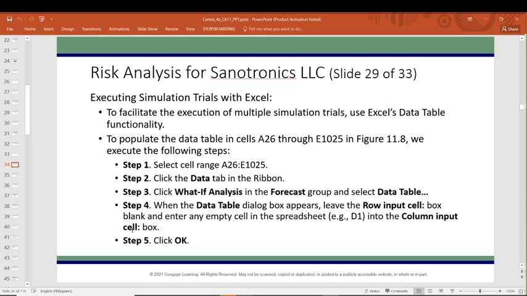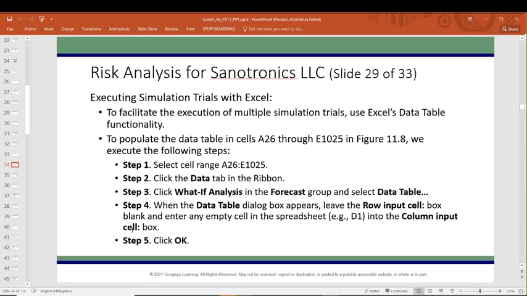Cells B26 to E26 contain references to the cells corresponding to direct labor cost, parts cost per unit, demand, and profit.